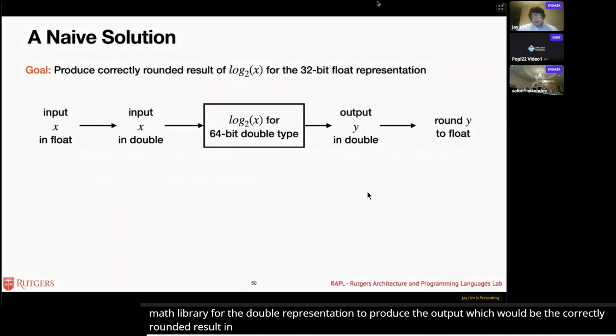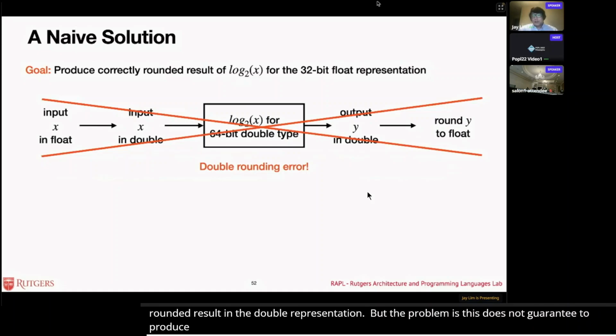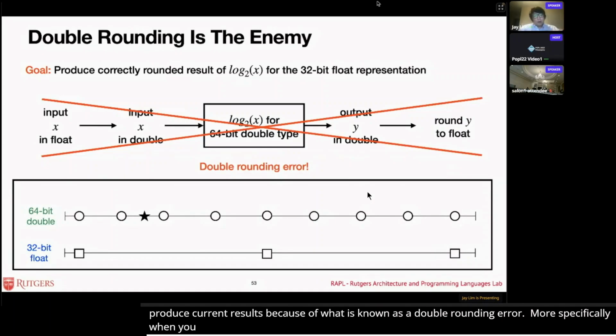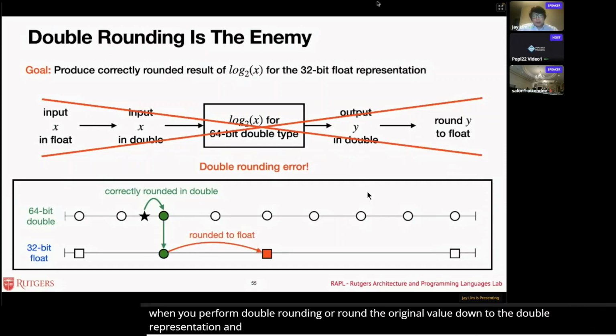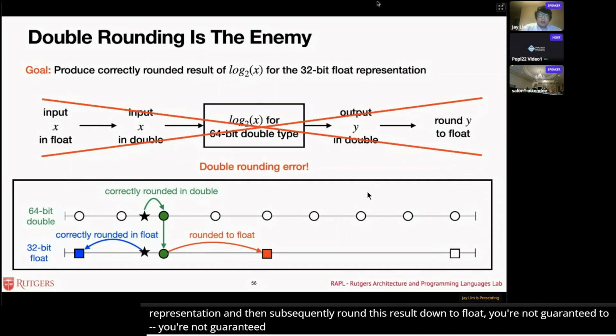back down to float. But the problem is this is not guaranteed to produce correct results because of what is known as a double rounding error. More specifically, when you perform double rounding, or round the original real value down to the double representation, and then subsequently round this result down to float, you're not guaranteed to produce the correct result that you would get if you took the original real value and rounded it straight down into the float representation.